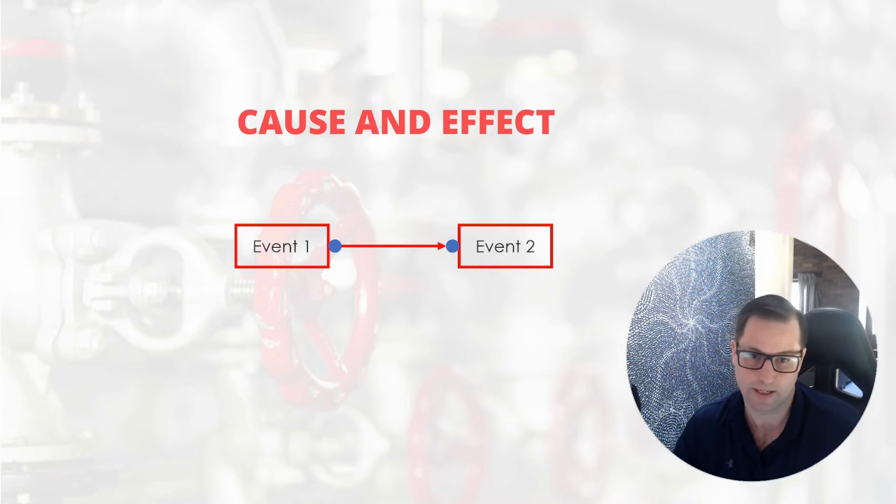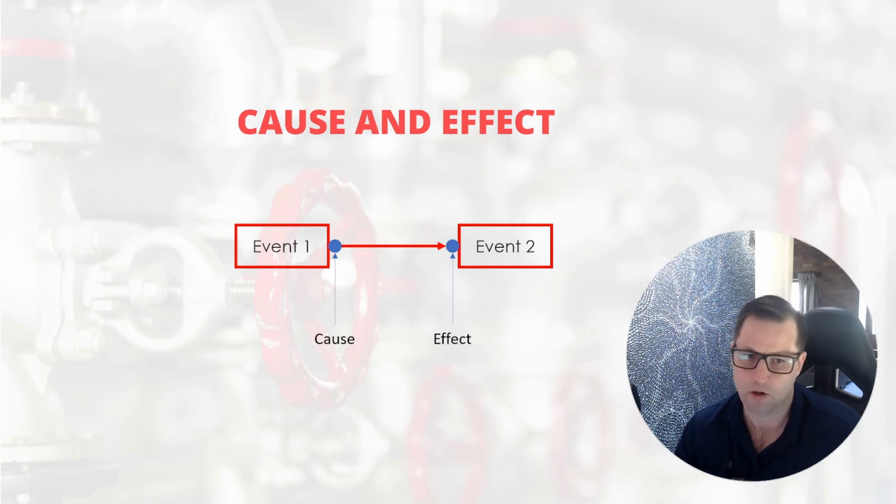And so let's start with causation. Causation indicates that one event is the result of the occurrence of another event, i.e. there's a causal relationship between the two events. This is also referred to as cause and effect, and we represent the cause and effect relationship using an arrow, like in this diagram here.